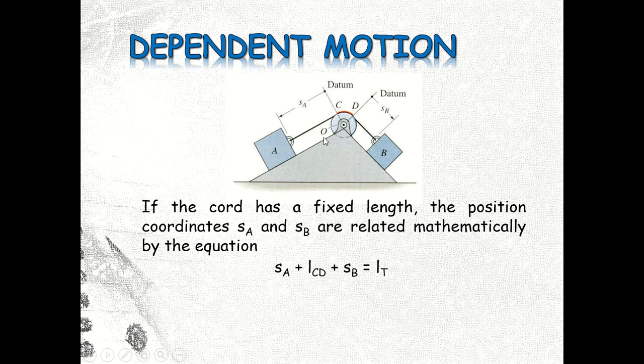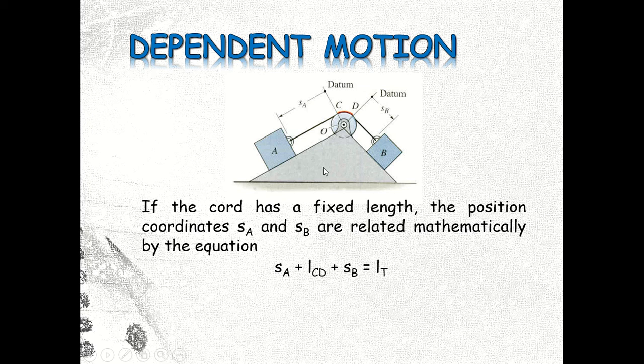So sA, the position coordinate of this block, plus L_CD, where L here means the length of this arc CD, plus sB, is equal to L_T, where L_T means total length.